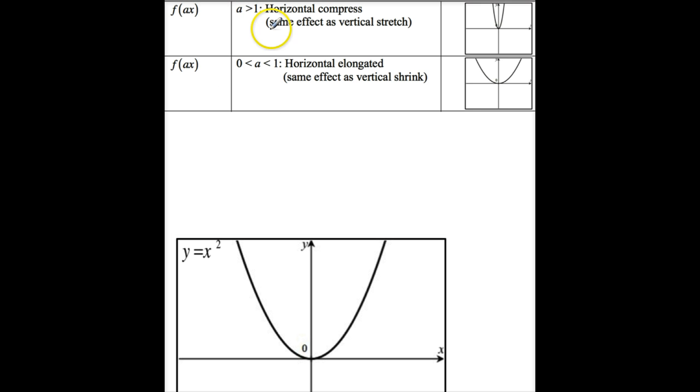Another thing we do is a horizontal compression and a horizontal elongation. Now, think about this. A horizontal compression is the same effect as a vertical stretch, and a horizontal elongation is the same thing as a vertical shrink. So let's look at this. f of x is x squared, so y equals (ax) squared.